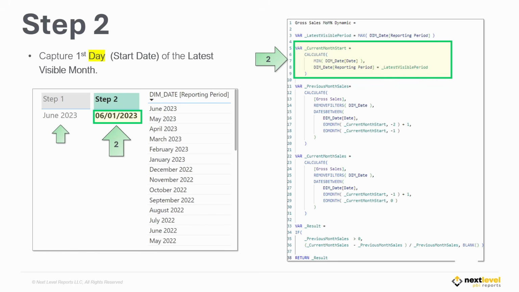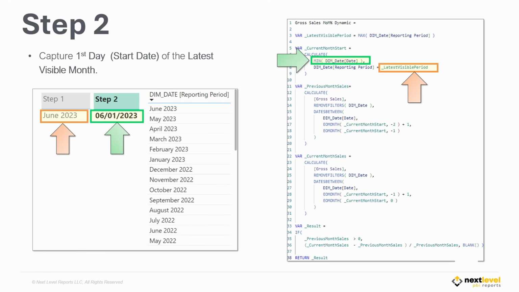So step 2 simply captures the first day of the month, which in this case is June of 2023. Now this variable right here, current month start, will serve as our base latest visible date. We'll be able to use this in the remaining steps in order to capture the periods of time that we want to compare. So to summarize, all we're doing right now is capturing the first day of the latest visible period within our report.